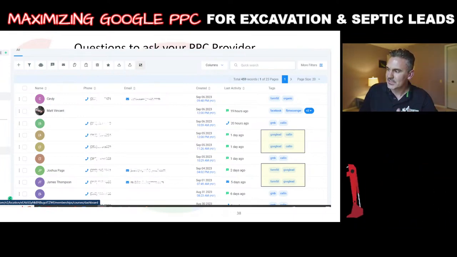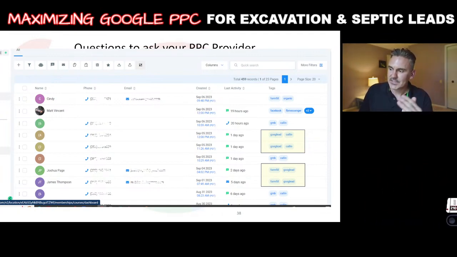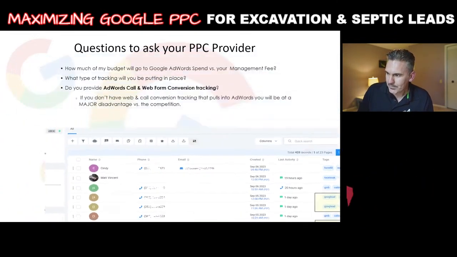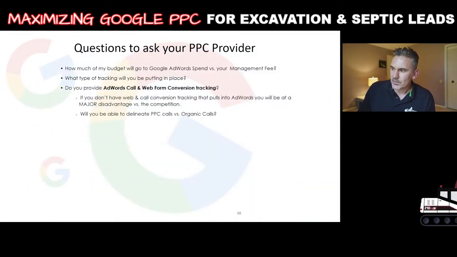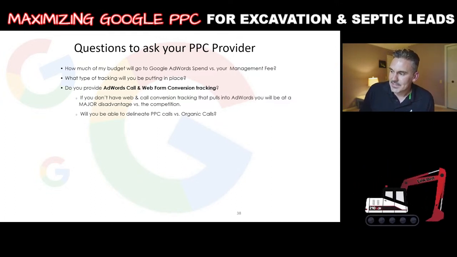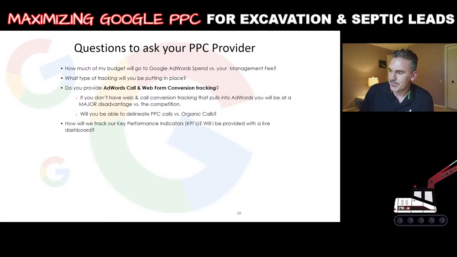So basically this is showing you separation that you can clearly see, okay, that's where this call came from, that's where that one came from. So you want to be able to know if you can delineate between pay-per-click calls or organic, natural, free calls from like search engine optimization.